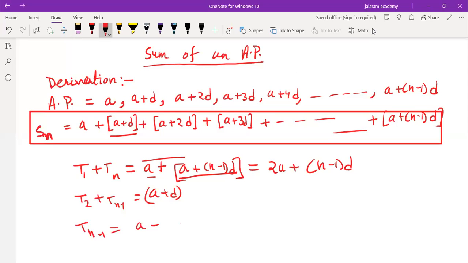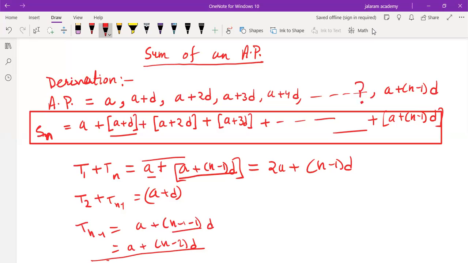So in place of n, if we write n minus 1 in the formula, the coefficient of D becomes n minus 2, that is A plus n minus 2 into D will be the n minus 1th term, that is the second term from the end.